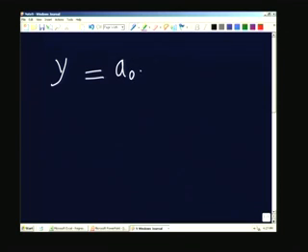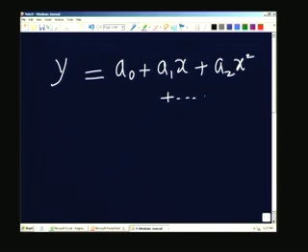I can say a0 plus a1 x plus a2 x squared plus, it is going to stop somewhere. So, you will see that, for example, linear, it stops here. It is a special case of a polynomial fit. It is actually a monomial. A quadratic will stop here. A cubic will stop with the cubic term, and so on.